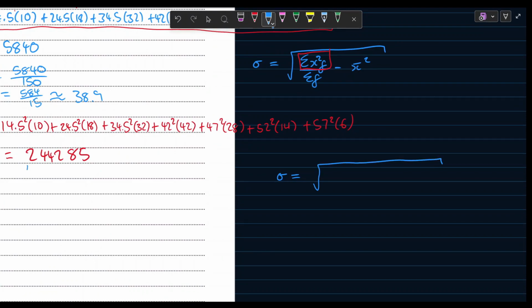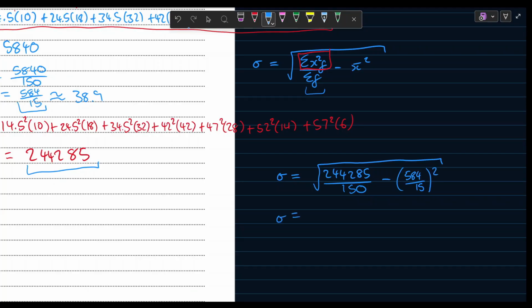So substituting into the formula for standard deviation, we get that sigma is equal to the square root of the summation of x squared f, which is 244,285, over our total frequency. We're dealing with 150 sunflowers minus our mean. I'm going to use this value, 584 over 15 squared.